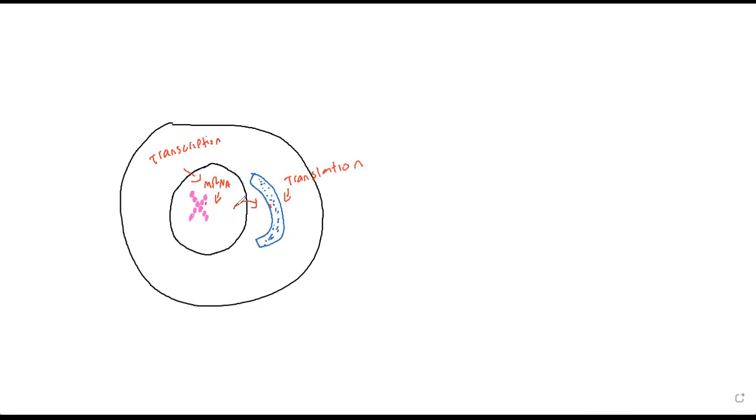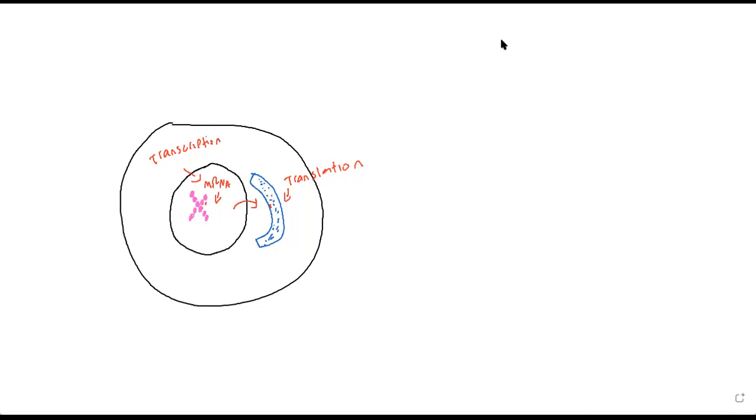So the goal is we want to take just one gene contained in DNA, copy that information onto the mRNA, where it's then going to go to the rough ER and be turned into a protein. Translation.